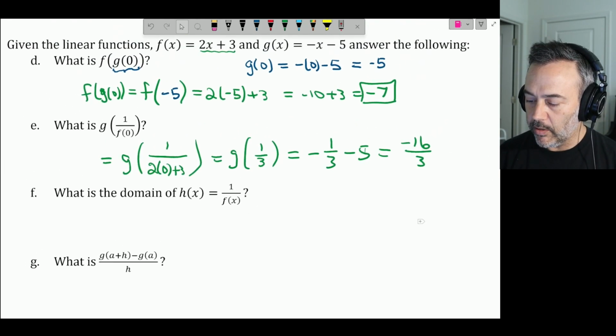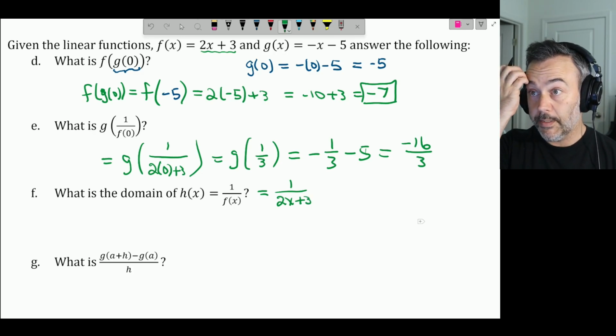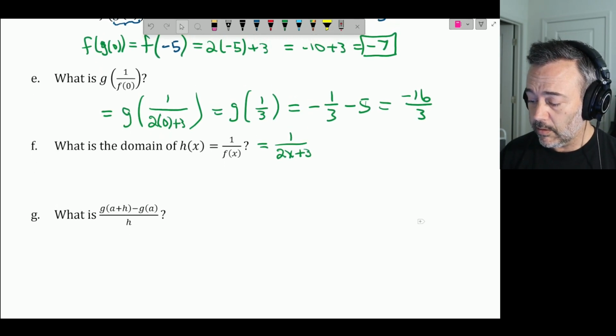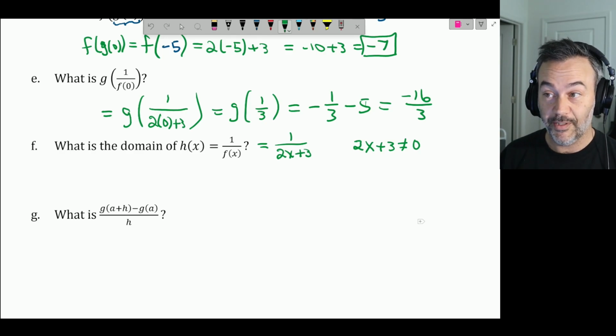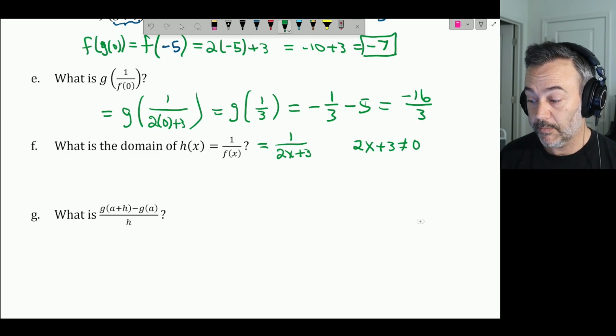What's the domain of 1 over f of x? Well, it's helpful to write it out. 1 over f of x is 1 over 2x plus 3. And therefore, what we don't want is for 2x plus 3 to equal 0, because if that were true, you'd divide by 0, and that would be impossible.